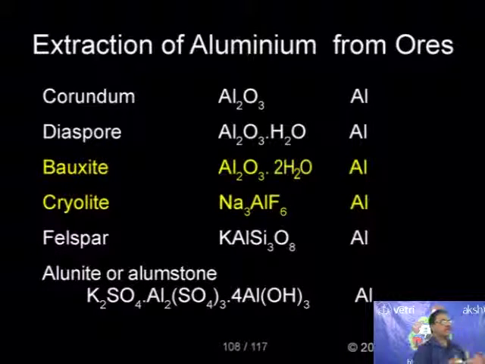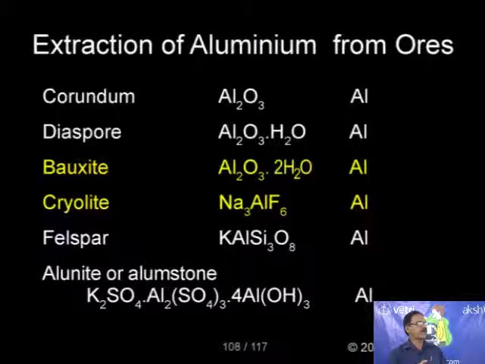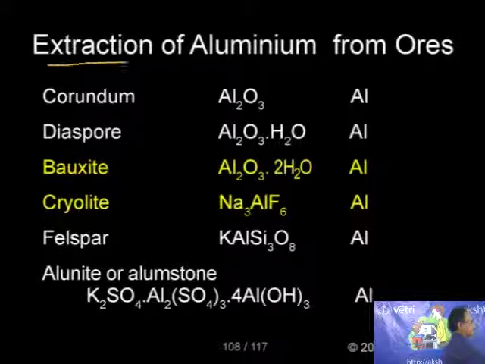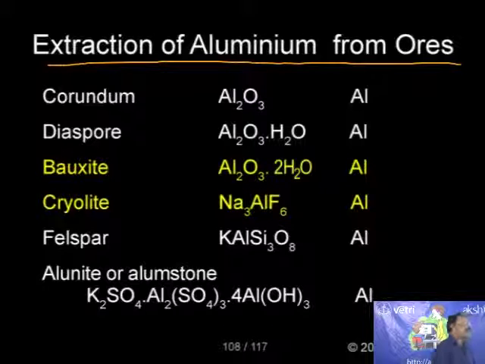So this is the way we have to extract iron from its ore. Now, let me go to the next one, the extraction of aluminum from its ores, specifically bauxite and cryolite. Aluminum has a number of ores.